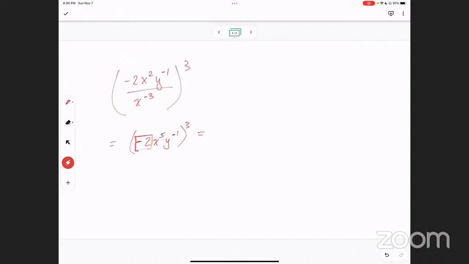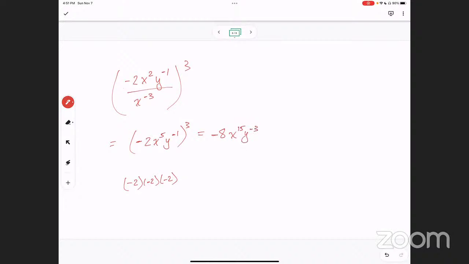What's negative 2 cubed? Think of it as negative 2 times negative 2 times negative 2. So negative 8. Good. X to the 15th. And y to the negative third.